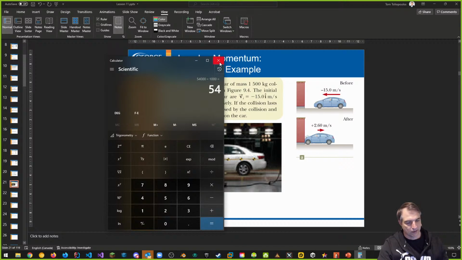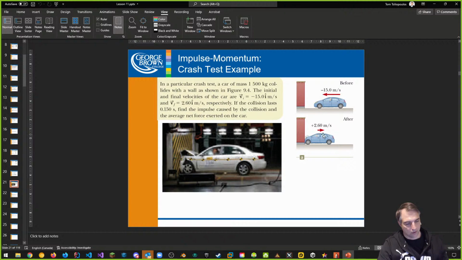The reason is that all of that energy would be reflected at you if this thing was perfectly elastic. Because it's inelastic, the wall and the car absorb most of it.